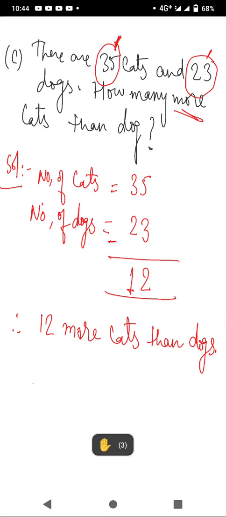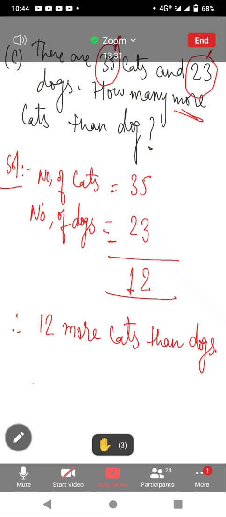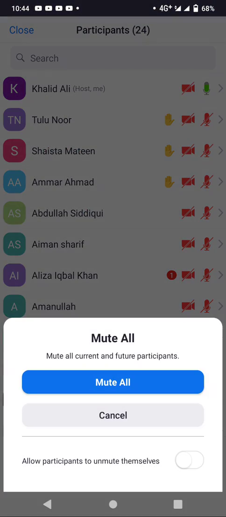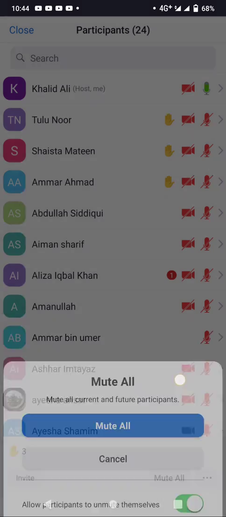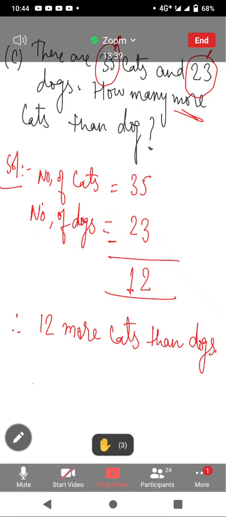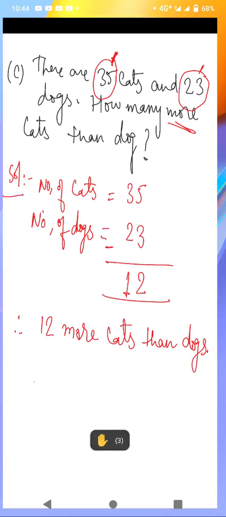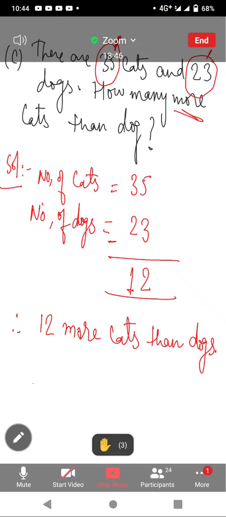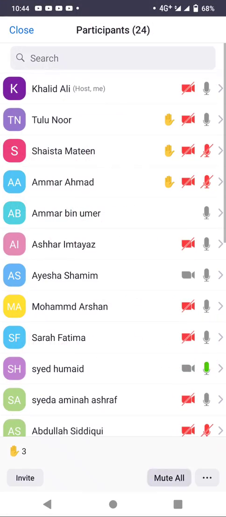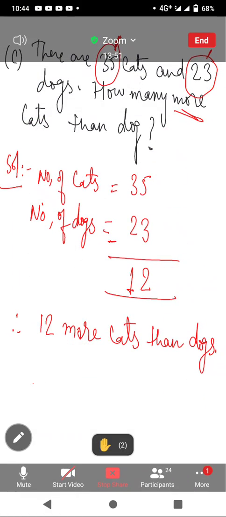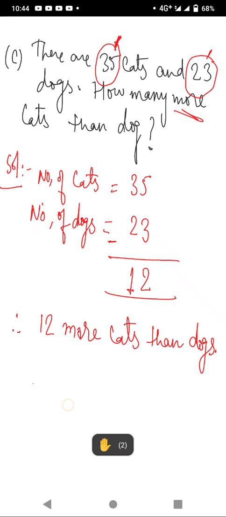So everyone, have you opened the book? Yes, sir. Number line book, page 43. Beta, take out the maths number line book. Open page number 43. Exercise 3.5 is there.